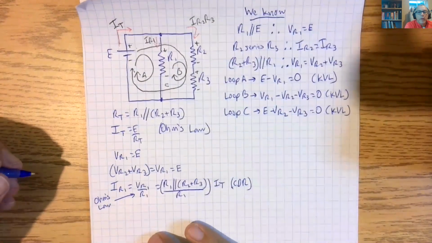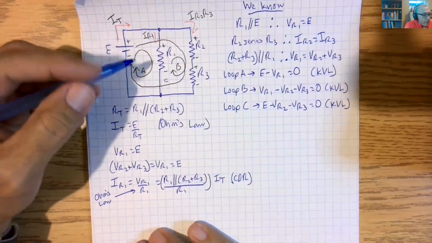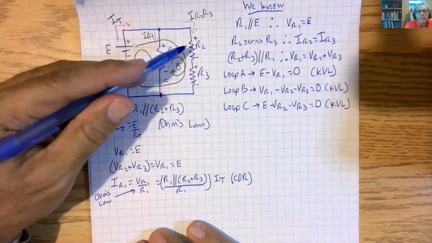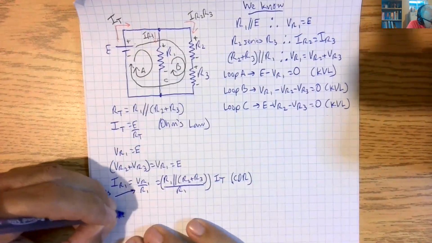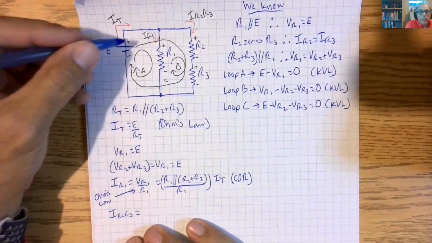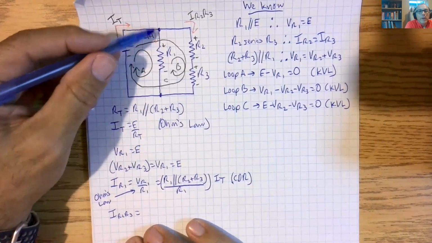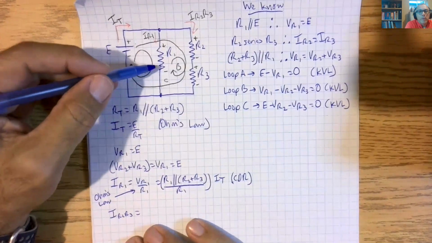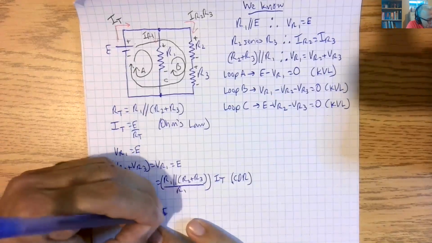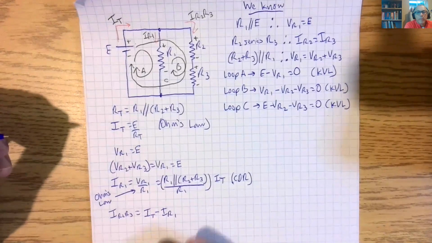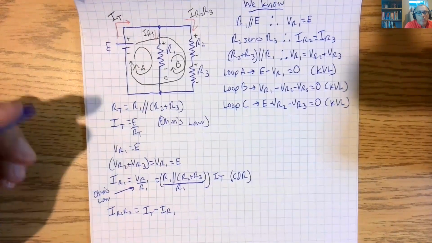And this here is Ohm's law. All right? So using Kirchhoff's current law, we could figure out the current here by saying I of R2, R3 is equal to, well, we know the current coming in here, and we know the current down this branch. So we could say that it's IT minus IR1. Okay? IT minus IR1.